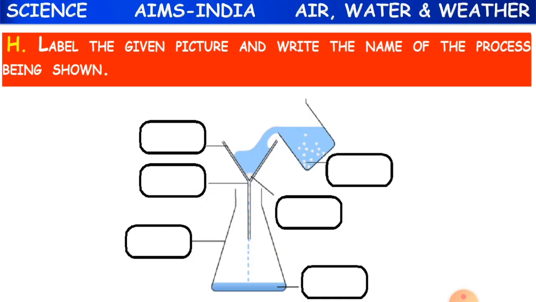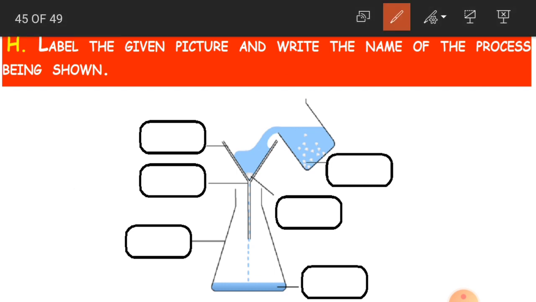Now here you have got a picture and you have to write the name of the process being shown. What is the name of this process? See here. What are you able to understand by this picture? The process here is about filtration.